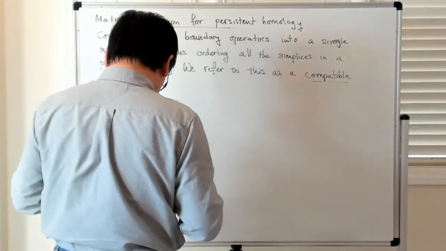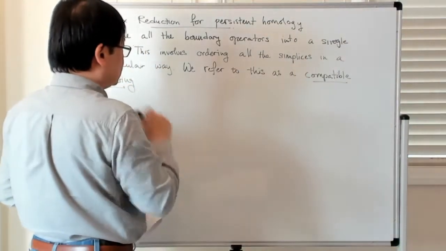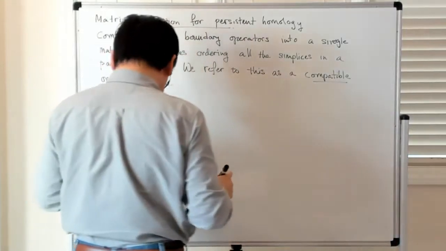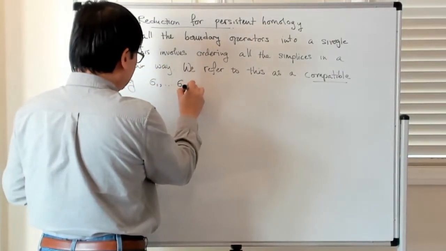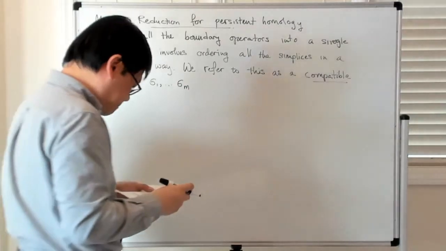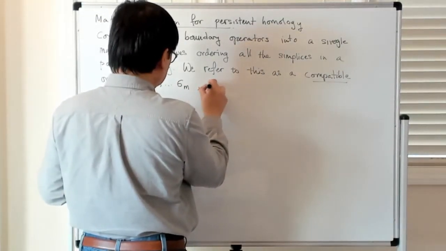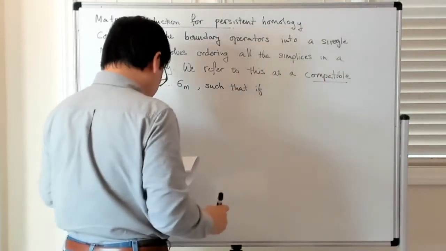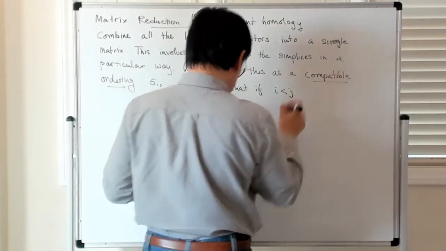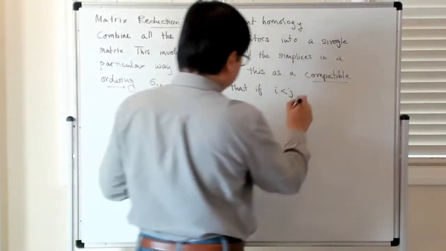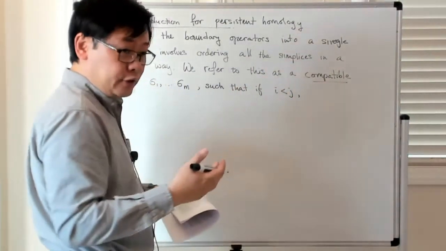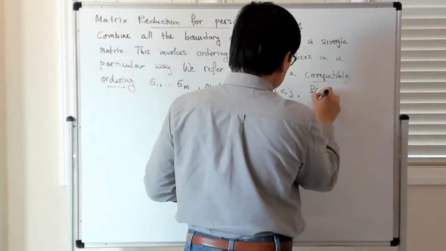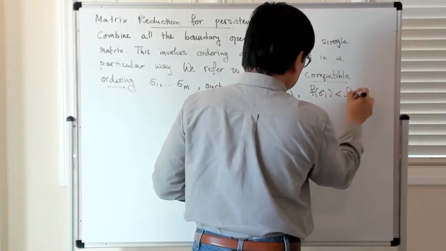So we refer to this as a compatible ordering of simplices, let's call that sigma 1 to sigma m, with the property that if, for example, i is less than j, then the filtration function applied to sigma i is going to be less than that of sigma j.